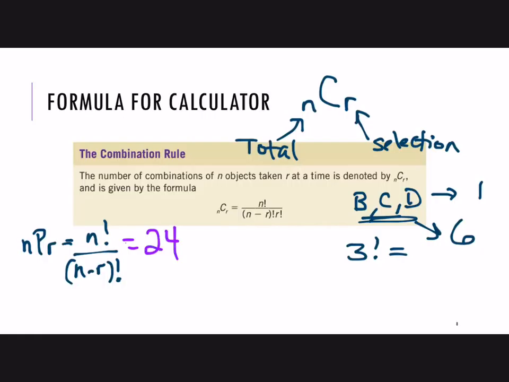And then for combinations, we want to divide by the number of ways there are to arrange the 3 things that were chosen, because we have 4 people, and we're trying to choose 3 of them. So we want 24 divided by the 6 ways to arrange those 3 people, and that does give 4, which hopefully you found was the number of combinations.